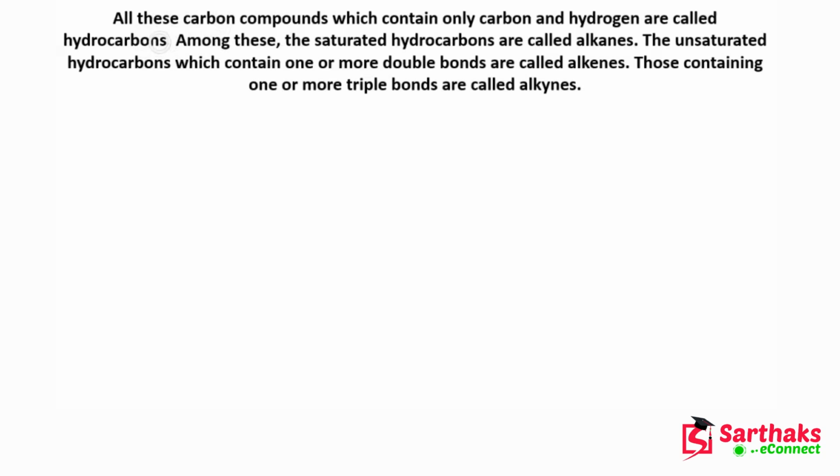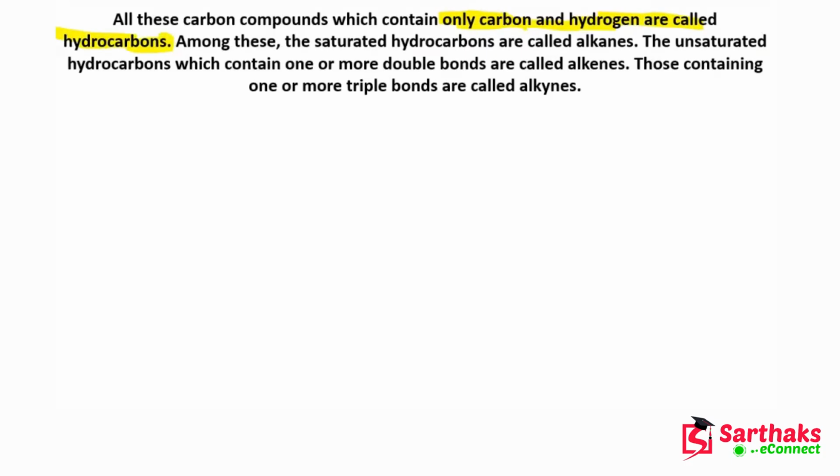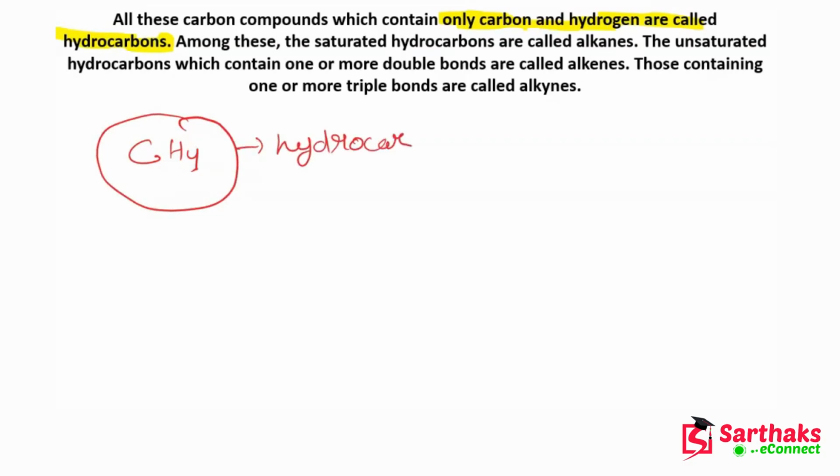So students, all these carbon compounds which contain only carbon and hydrogen are called hydrocarbons. Let's suppose CH4. What is this? This is a hydrocarbon. Why is it a hydrocarbon?